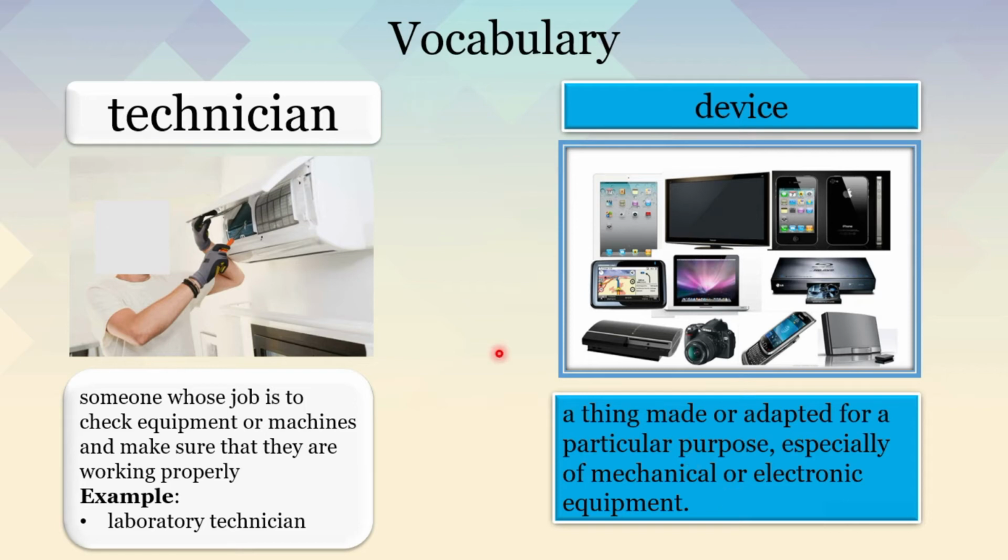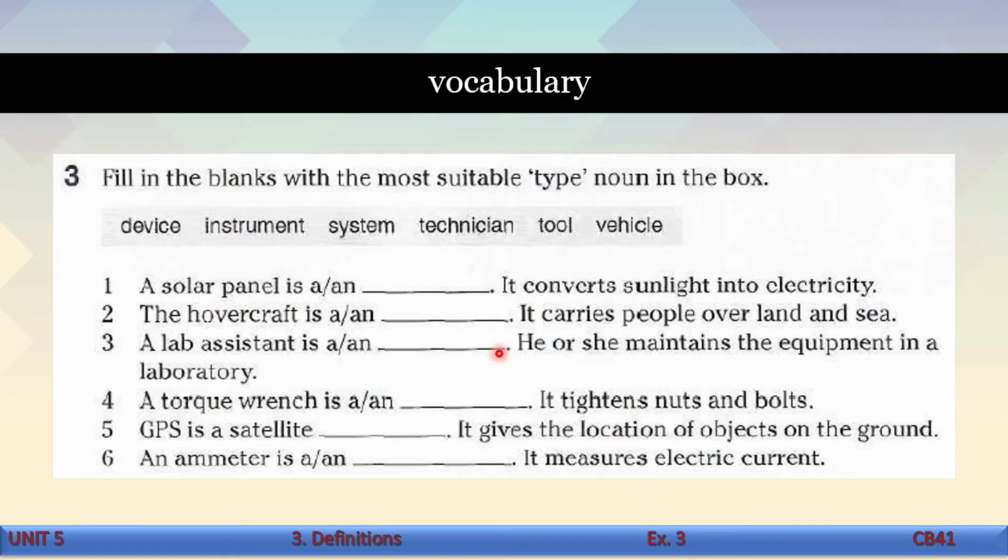Now let's move on to our first task. Open your course books to page 41. Exercise 3. Fill in the blanks with the most suitable type noun in the box.